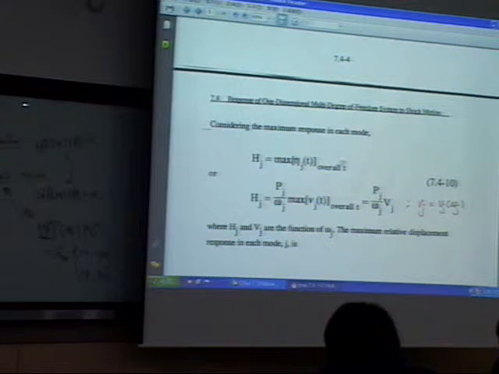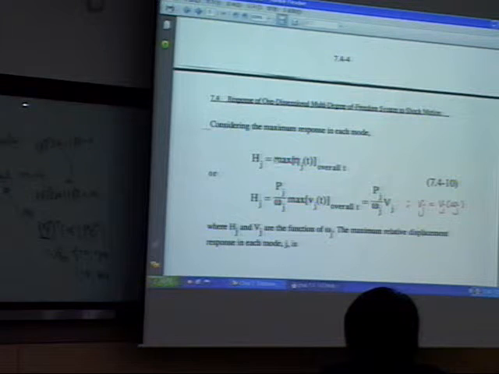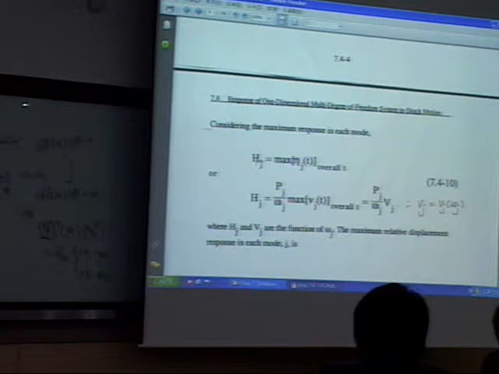And then to convert into the static value, no dynamic, you have to make it independent from the time t. So then they use the maximum value.